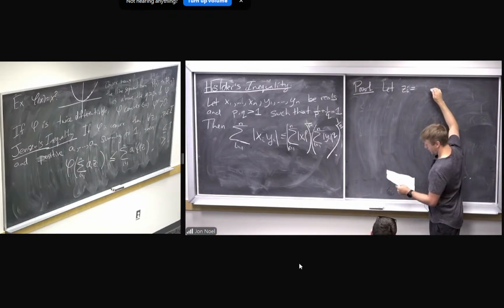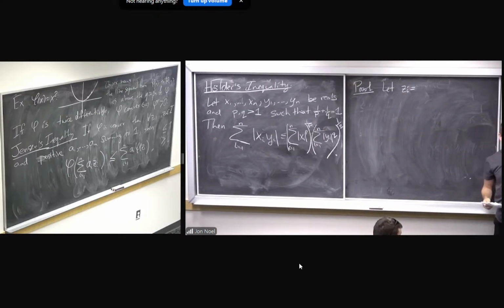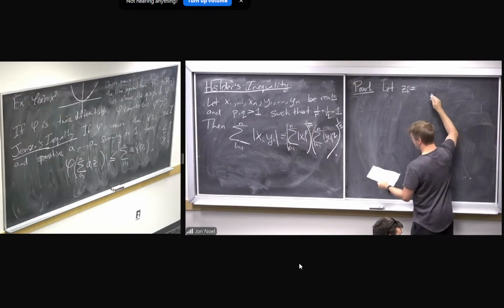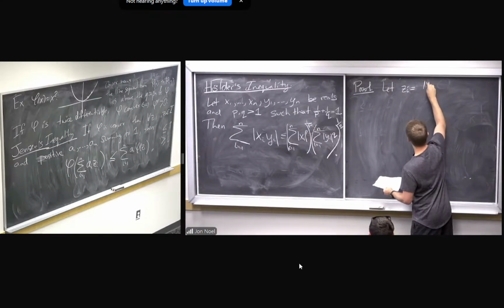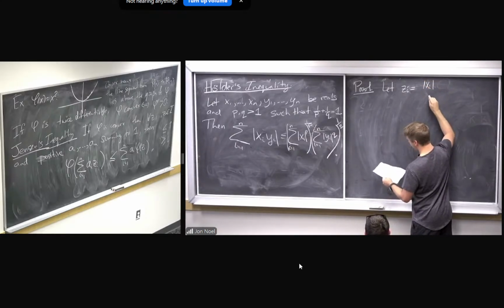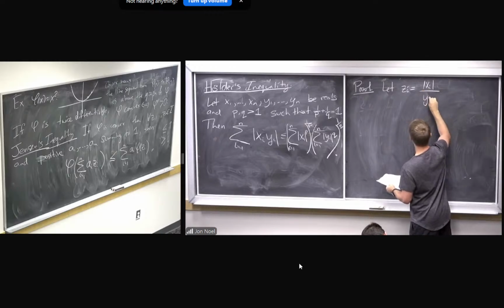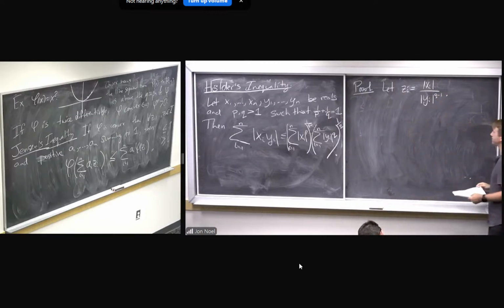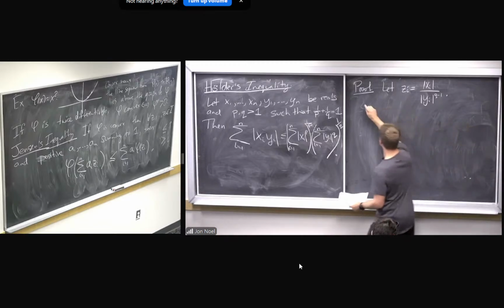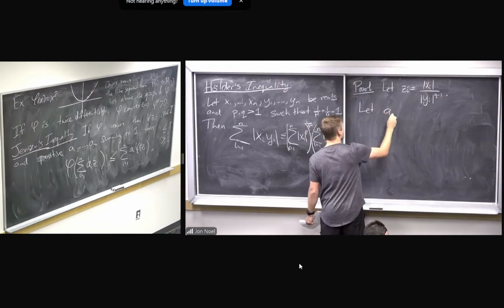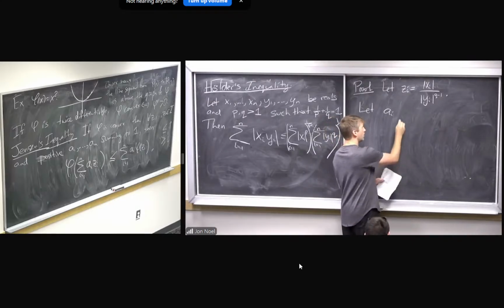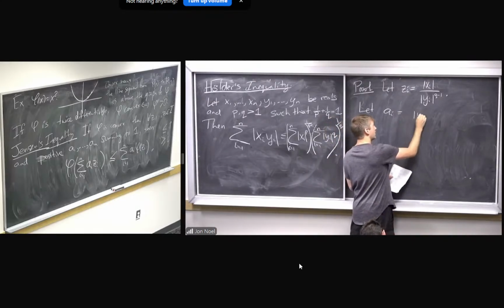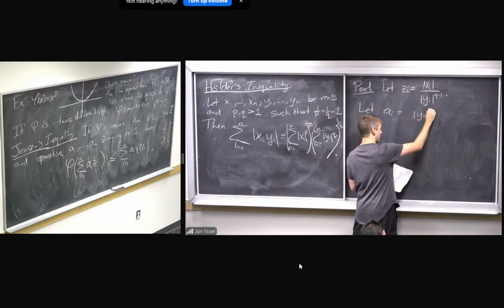So basically I want to apply Jensen's inequality. So I need some zi's to plug into Jensen's inequality. So I'm going to let them be xi over yi to the q minus 1, for i from 1 to n. And I need some numbers ai, which are going to be, so ai is yi to the q.